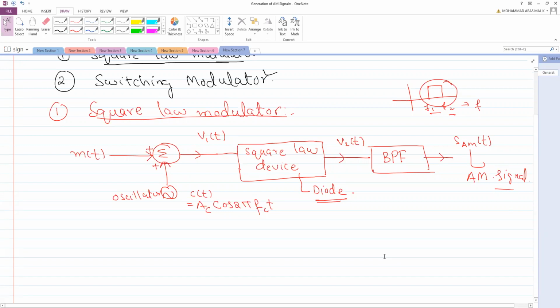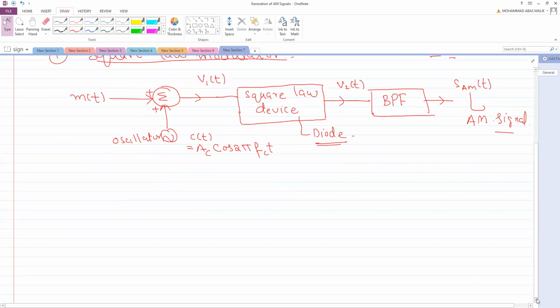Before going for the further analysis, a few points are very important. Suppose this is a graph. This is your input voltage. Just remember this output.